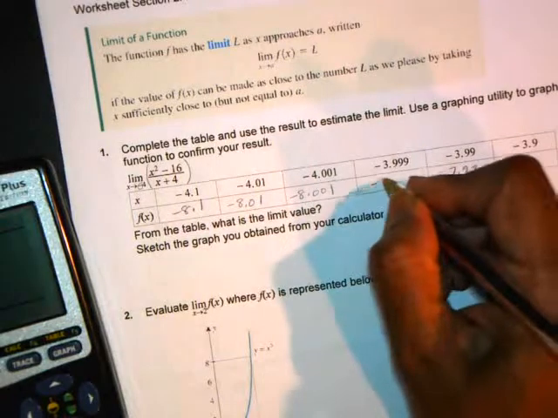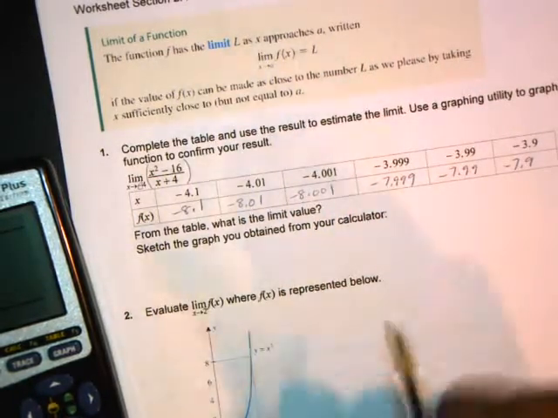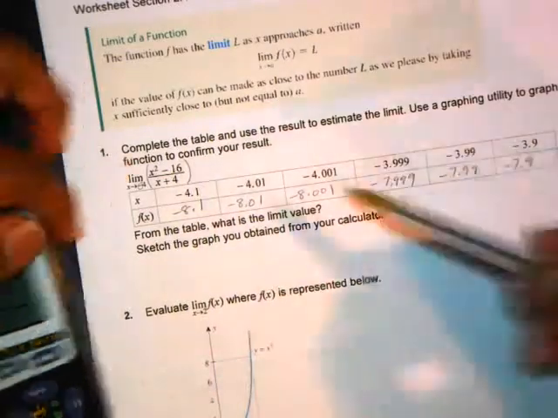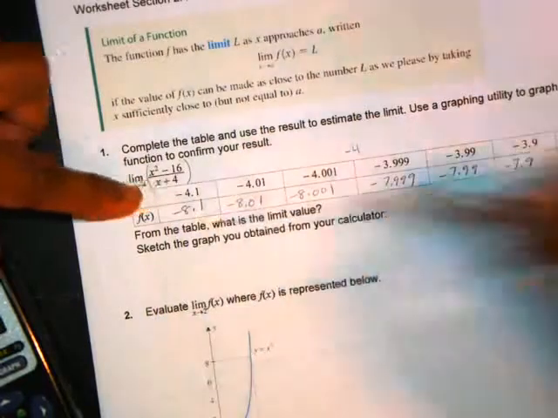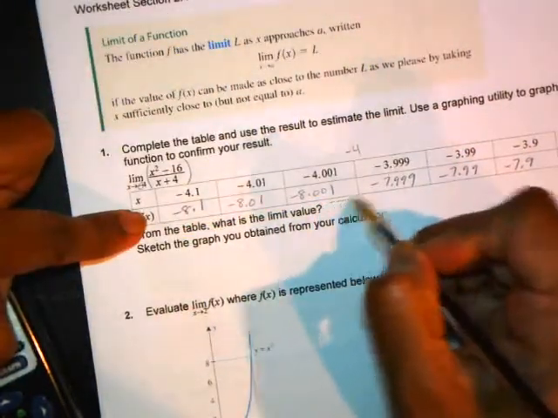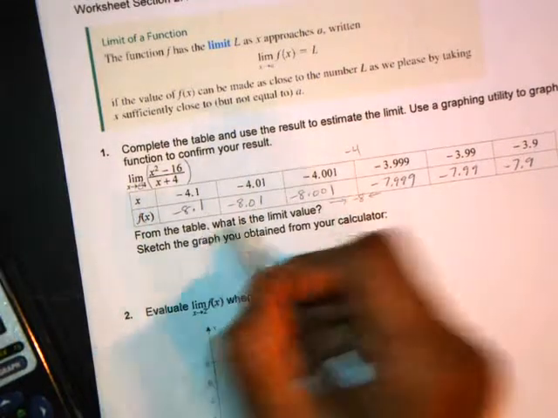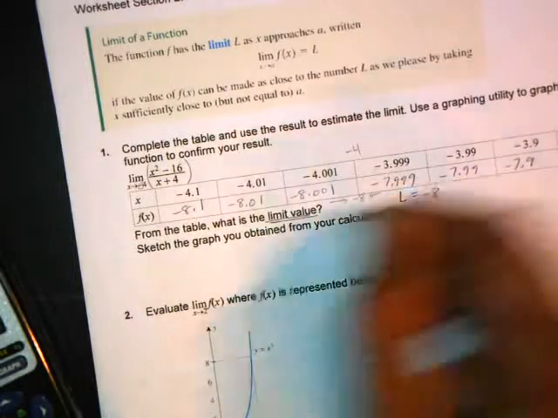And this should be -7.999. You can double check that. Yep. So by looking at this, we're approaching -4 from the left side and the right side, and the y value is approaching -8. So you say the limit value L is -8. So that answers this question.